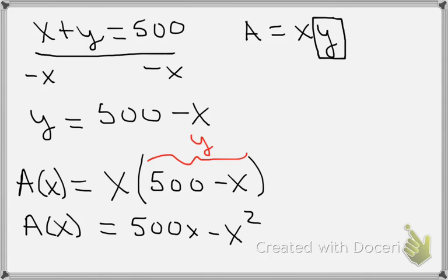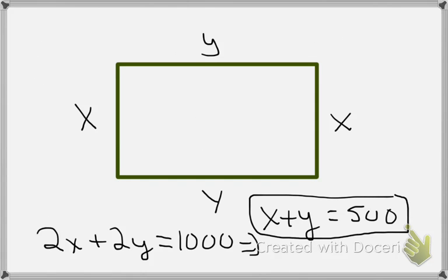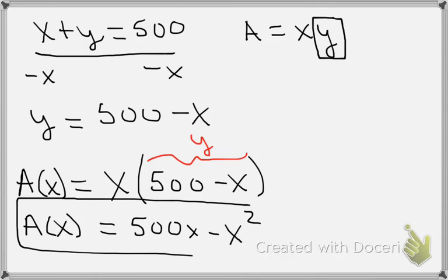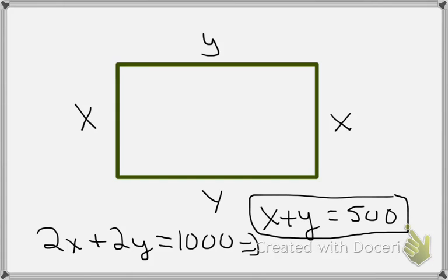But now let's look at that picture again. We've actually found this area. That's what we were looking for. Now we need to find the domain of the function. So what does x represent? Well, x represents the width, right? It's this distance over here. And we know that if we're looking at a rectangle, there's no way that the width can be any smaller than 0.